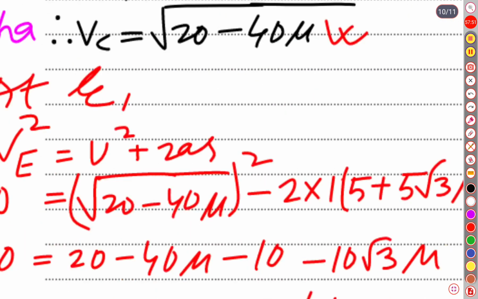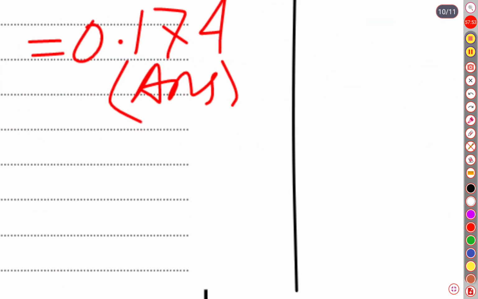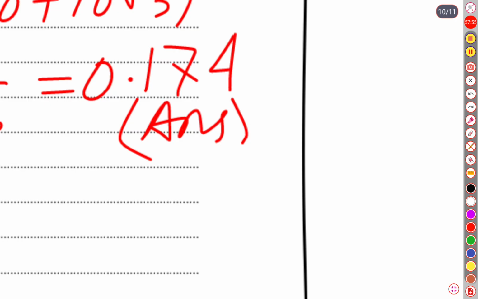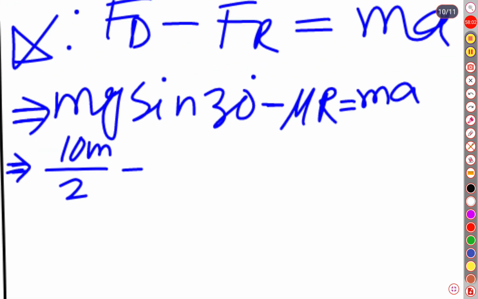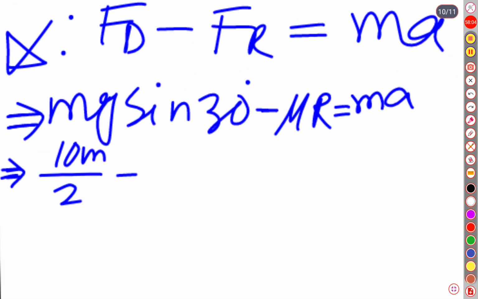How much is the value of mu? Our mu is 0.174. So let us write 0.174 and R.